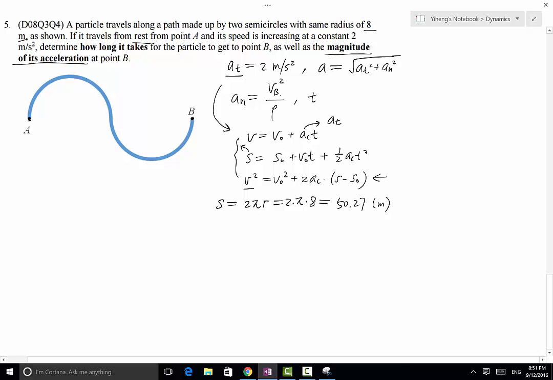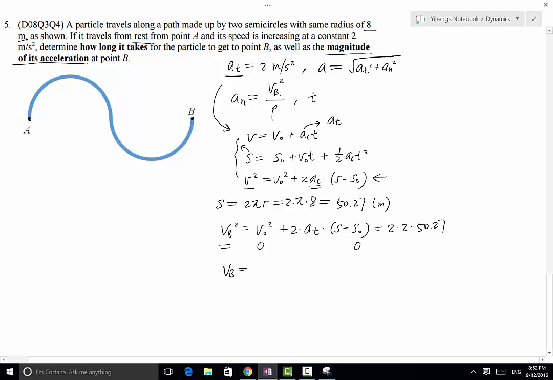Remember, we do need VB in order to calculate AN. Applying the third equation, VB squared equals V0 squared plus 2 times AT times S minus S0. S0 is 0 and V0 is also 0, therefore VB squared simply equals 2 times AT times S, which is 2 times 50.27. From here we can solve for VB.